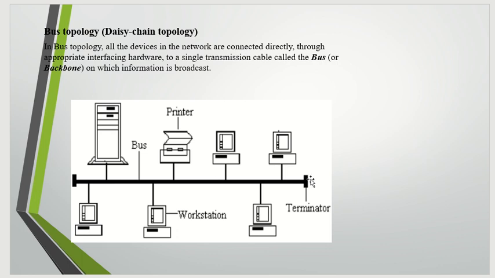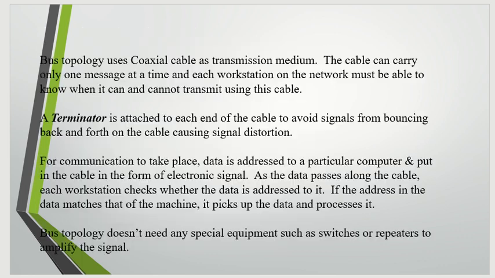In this case, we have terminators at the end of the central cable, or what we call the backbone of the network. A terminator is attached to the end of the cable to avoid the signals from bouncing back and forth on the cable, causing signal distortion.